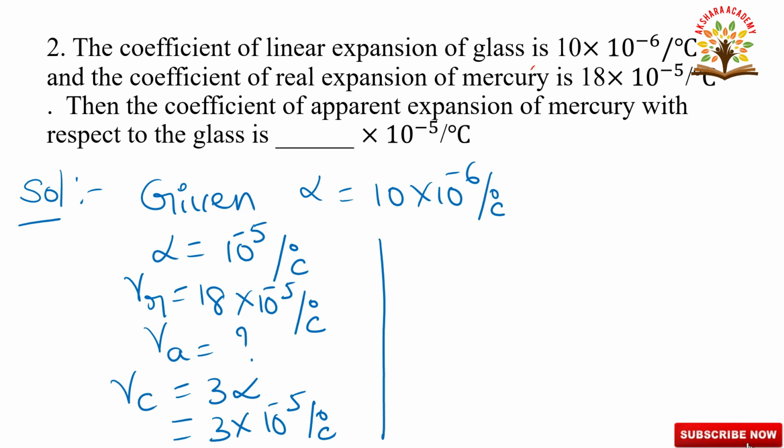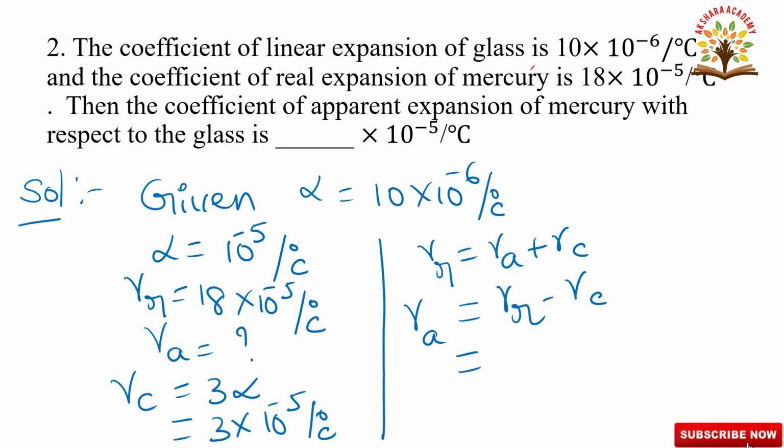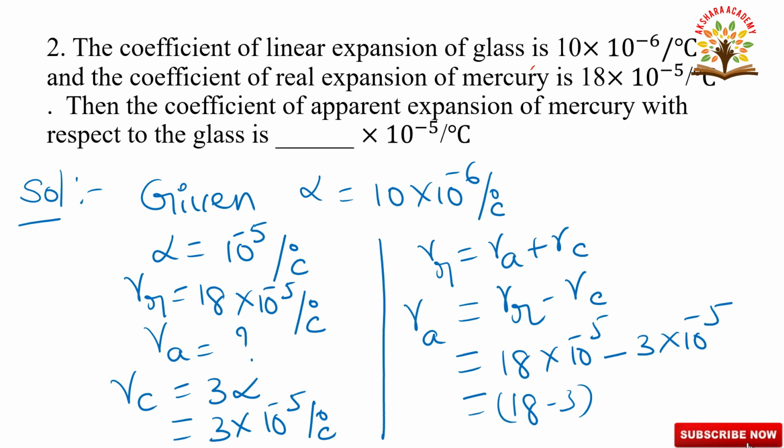Next, gamma R is equals to gamma A plus gamma C. Substituting these values, gamma A is equals to gamma R minus gamma C. Gamma R is equal to 18 into 10 to the power of minus 5. Gamma C is equal to 3 into 10 to the power of minus 5. Taking common 10 to the power of minus 5, 18 minus 3 of 10 to the power of minus 5, that is equals to 15 into 10 to the power of minus 5.